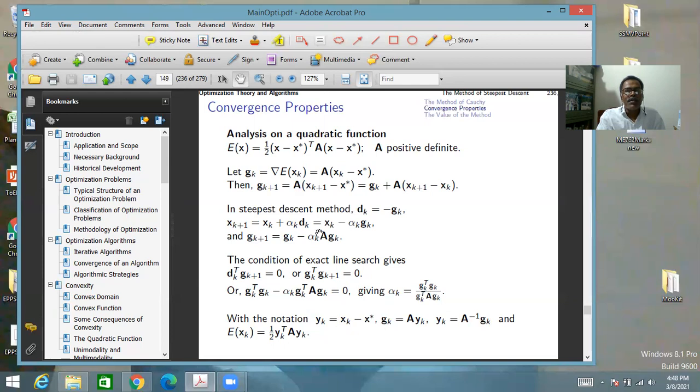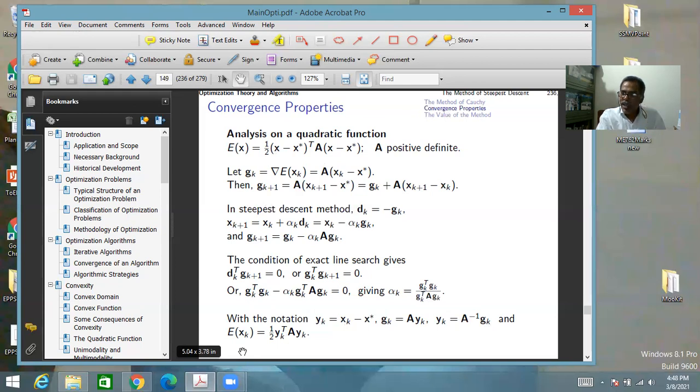So this gk turns out to be A times yk. Okay, smaller expression. yk will turn out to be A inverse gk. And E(xk), which is this, will turn out to be half yk transpose A yk. So we have got a crisp expression of E at xk.